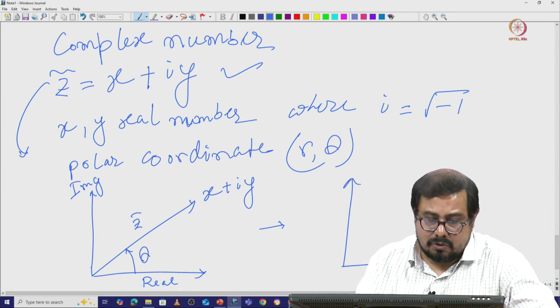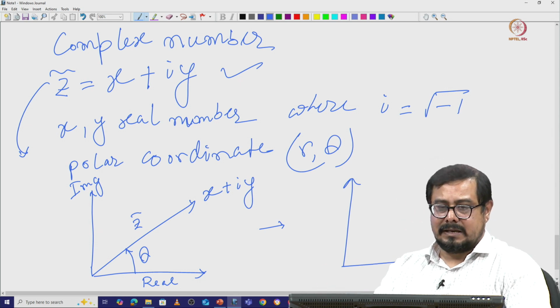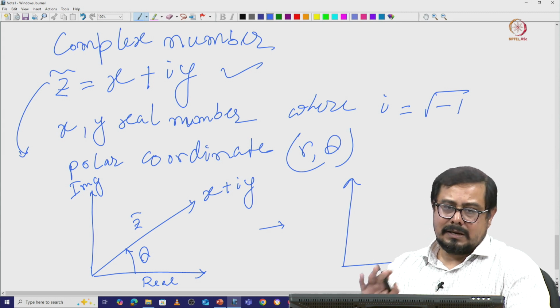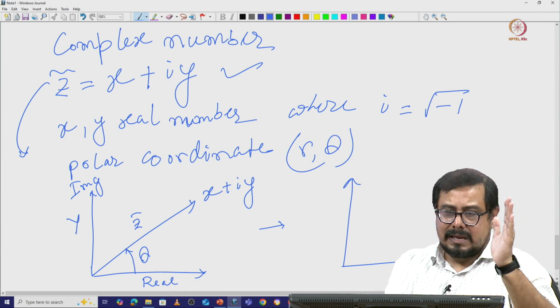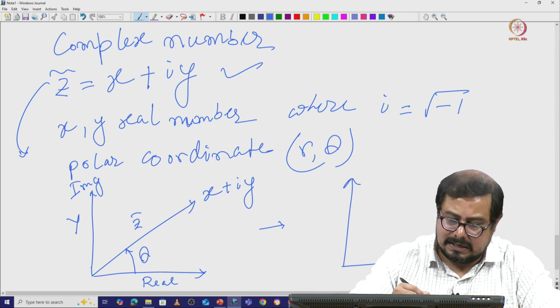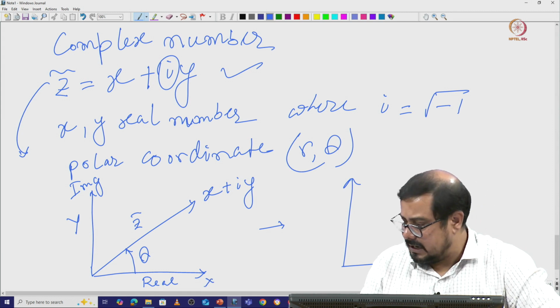We are not going into the detailed derivation of how we convert between them. Just understand that the y axis we are taking as the imaginary coordinate, where we plot the i related term, and the x axis is the real axis where we plot x.